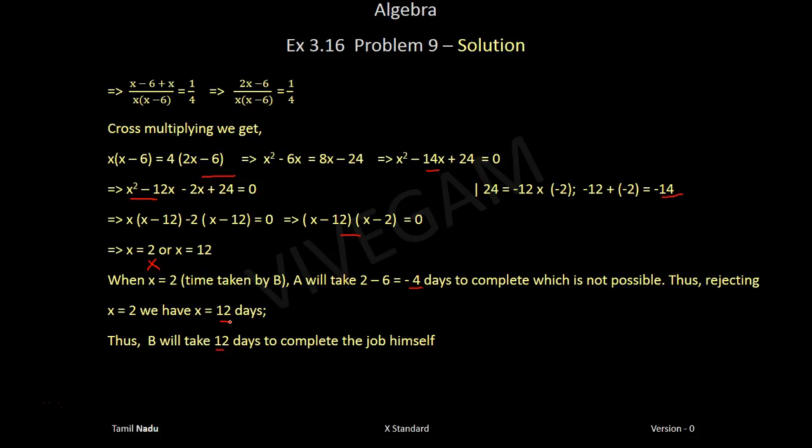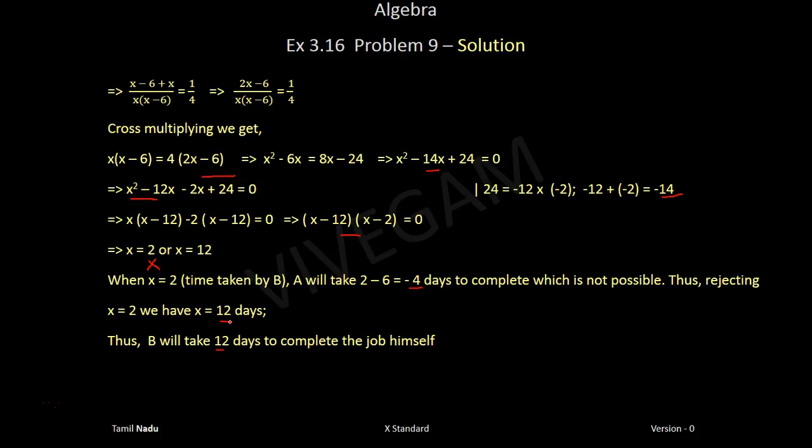Similarly, A will be doing the job in x minus 6 days, because B takes x days and A takes 6 days less. So in one day he will do 1 by x minus 6 of the job. If both of them work together, they will be able to do 1 by x plus 1 by x minus 6 part of the job.